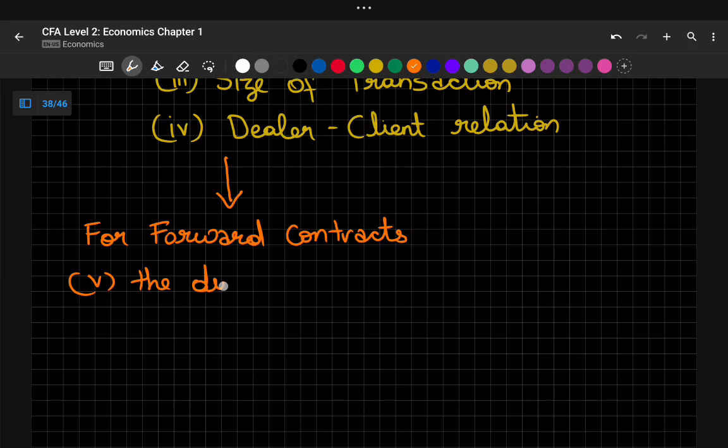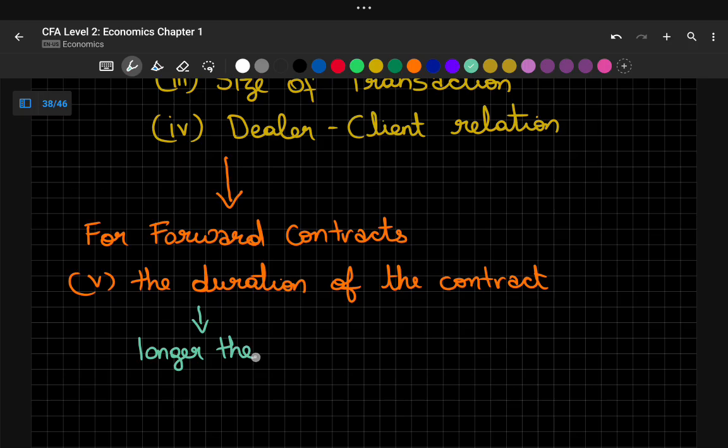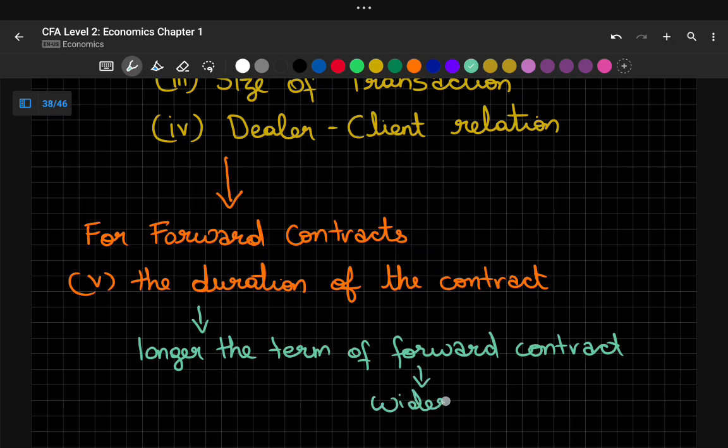The longer the duration, or the longer the term of the forward contract, the wider the bid offer spread.